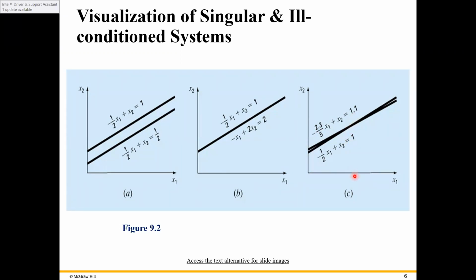So this type of system of equations is called an ill-conditioned system. That means a slight change in one variable may cause a large change in the solution of the system. So these kinds of problems may arise.